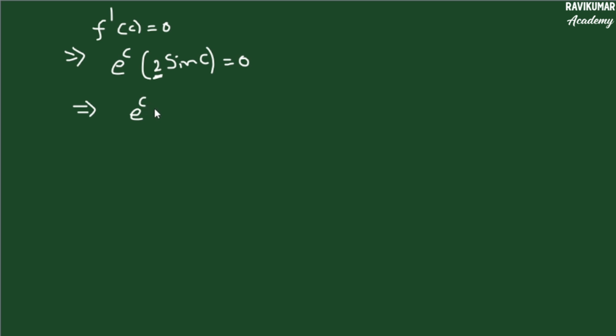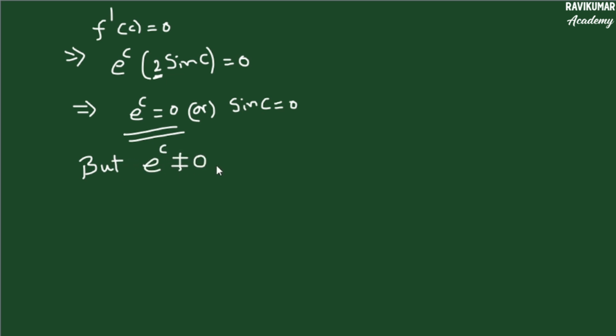So either e power c is 0 or sin c is 0. But remember, the exponential function is never 0. But e power c is not equal to 0. Hence, we must have sin c equal to 0.